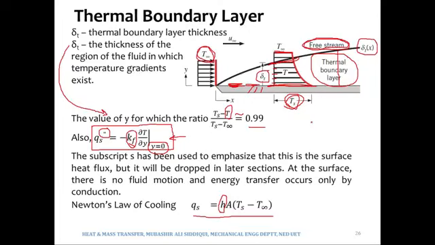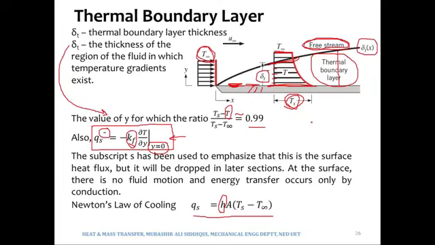Consider two cases. Case 1: we have a plate at 100 degrees Celsius and the fluid at T infinity of, let's say, 30 degrees Celsius, and the fluid which is moving is air, and say it has a velocity of 1 meter per second.